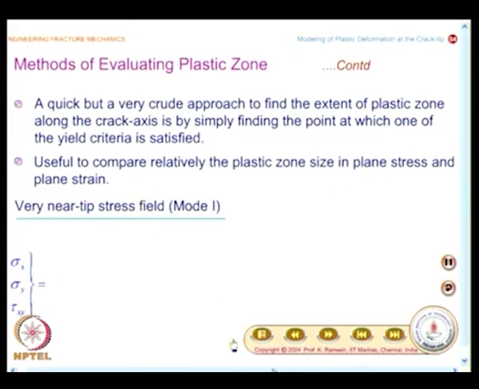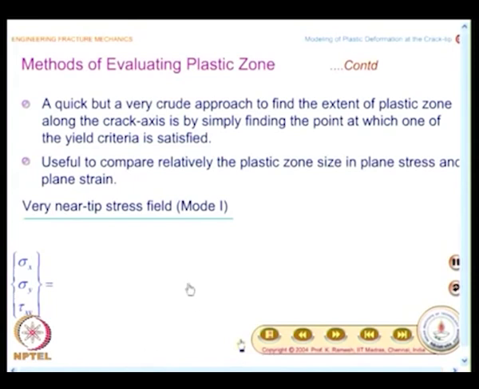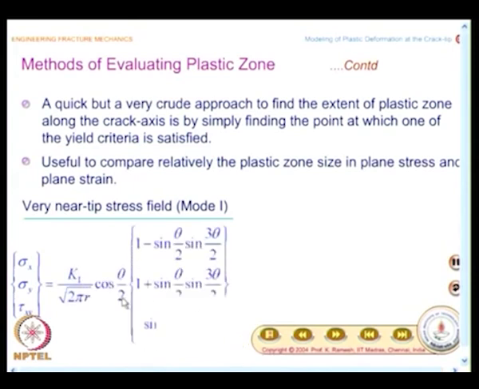And I had mentioned earlier, for the rest of the course we will worry only about the singular stress field, and you know this singular stress field for mode 1 crack. And if I have to find out the plastic zone, the first step is you have to determine the principal stresses. Now, you have the stress field, you know how to find out the principal stress from this.